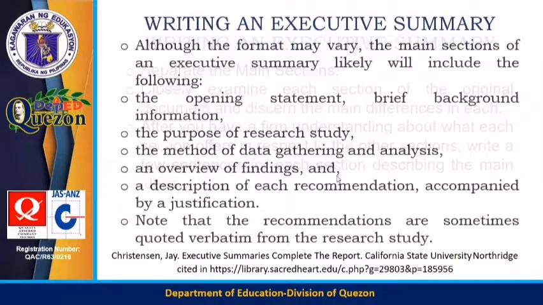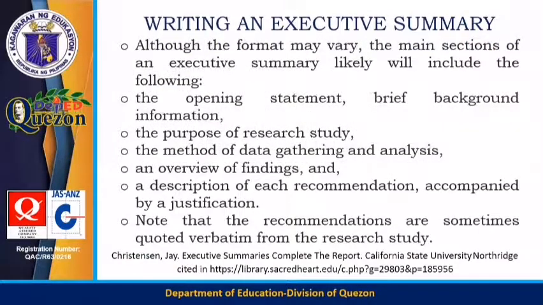Although the format may vary, the main section of the executive summary likely will include the following. So these are the elements of the executive summary. Number one, the opening statement, brief background information.